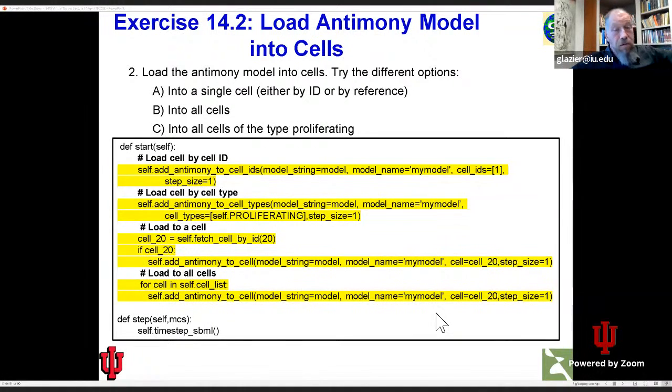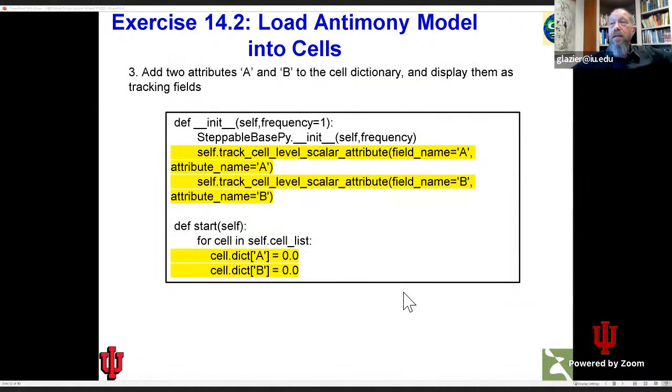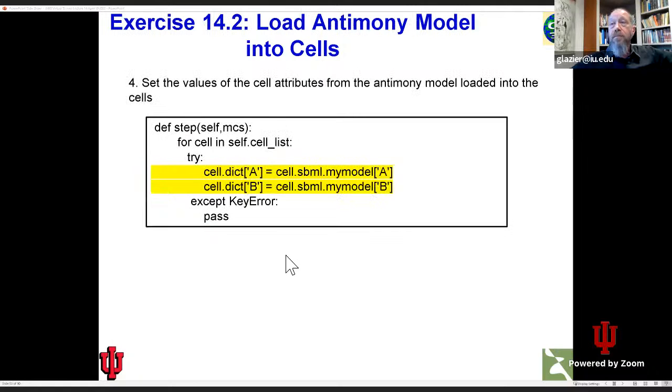And again, that reference is available in the Twiki. And then I added the track attributes, field name A and B. And then in the code, you'll have to create a dictionary entry for A and B. And then you have to copy from the SBML into the cell-based dictionary.